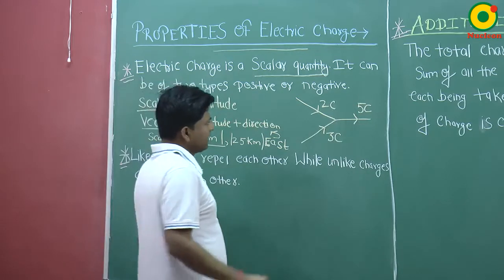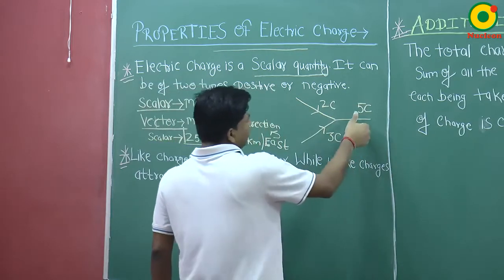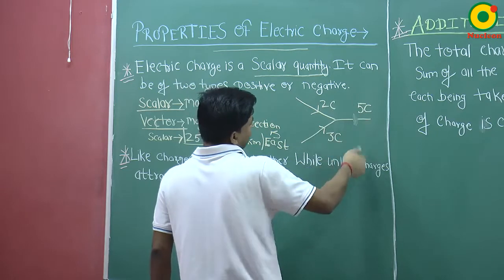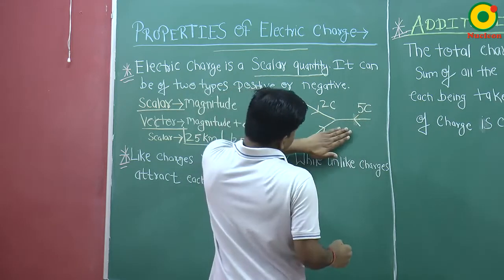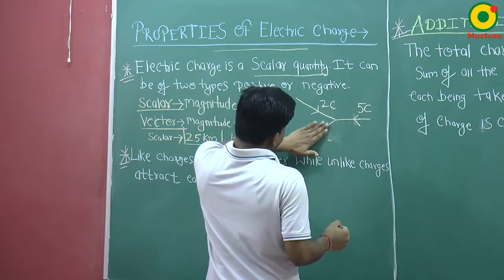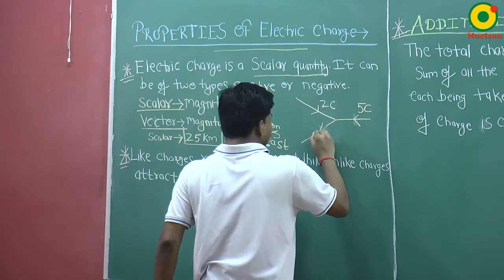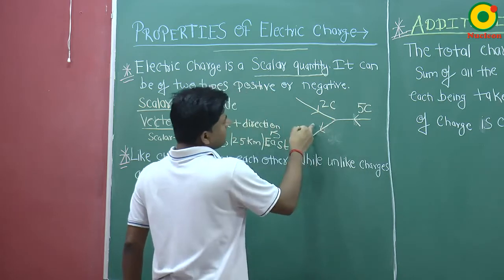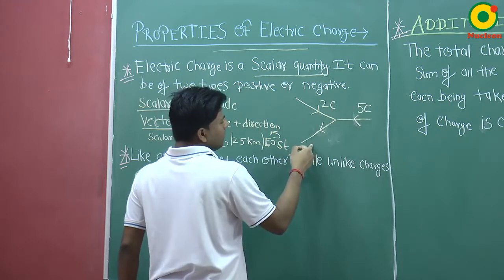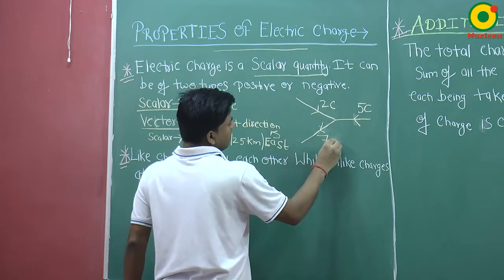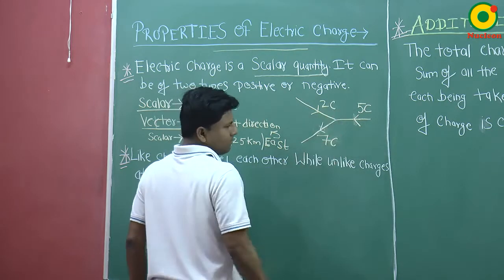Let's suppose I change the direction over here, and I make it like this. So 2 coulombs is coming from here, 5 coulombs is coming from here. So how much will we get over here? 7 coulombs, 2 plus 5, 7.